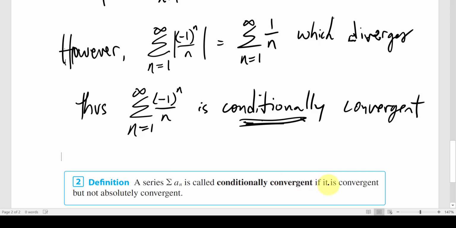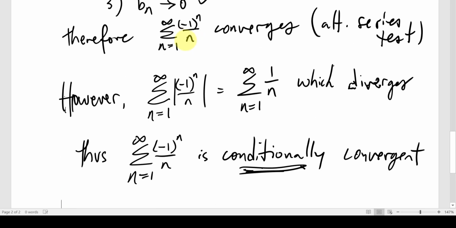A series is called conditionally convergent if it is convergent, but it isn't absolutely convergent. It's convergent as it was if you left it alone with the alternating sign. But if you take the absolute value of each term, it becomes a divergent series. That's precisely what we call a conditionally convergent series.